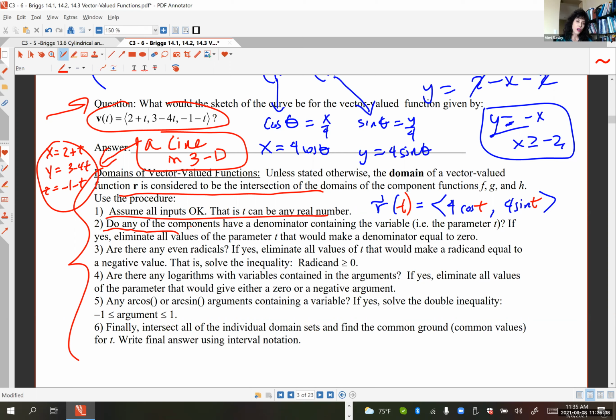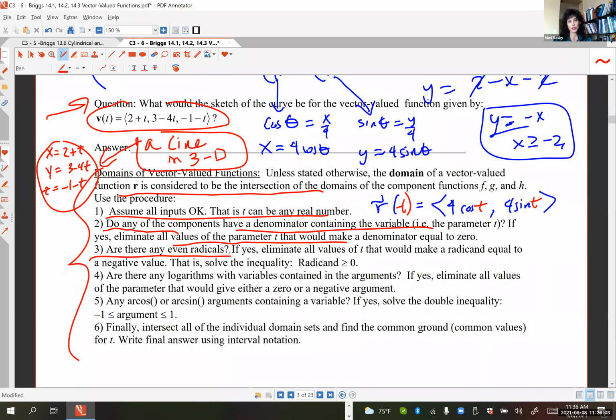Do any of the components have a denominator in them where the denominator contains the variable t? The reason you're scared is you want to eliminate any value of t that would make a denominator equal to 0, because you know dividing by 0 is not okay. So we want to eliminate any values of time that would make that happen for us, because those would be bad. Okay.